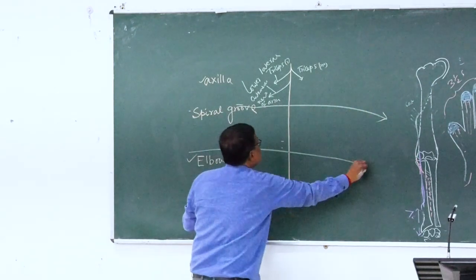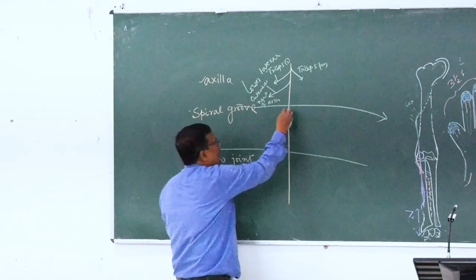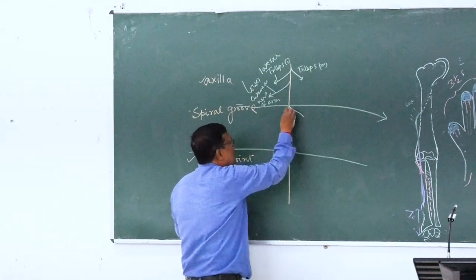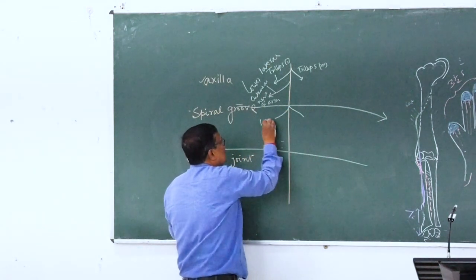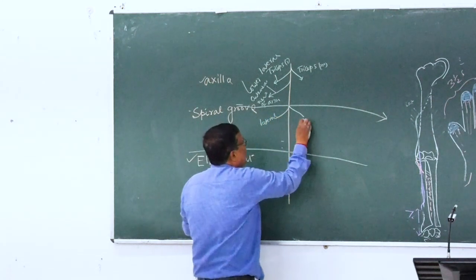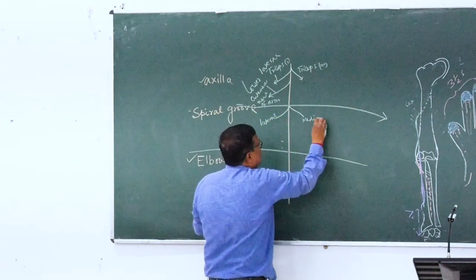It entered the spiral groove. In the spiral groove it also gives branches, listen carefully: to the lateral and medial head of the triceps.